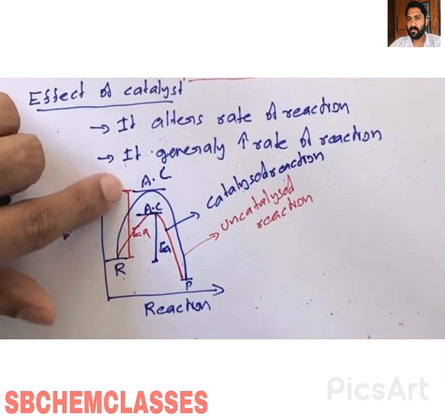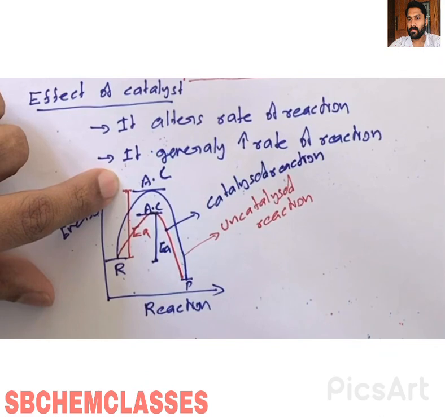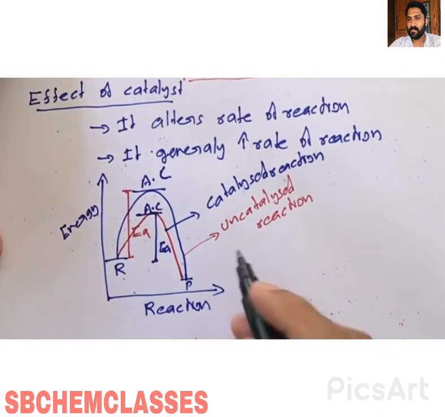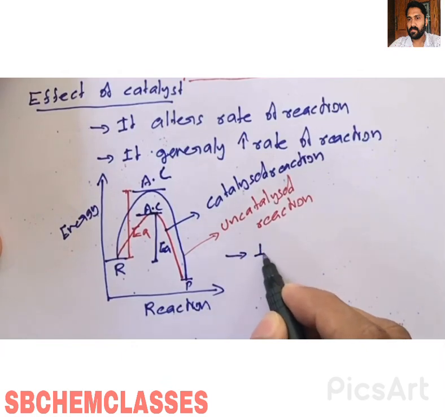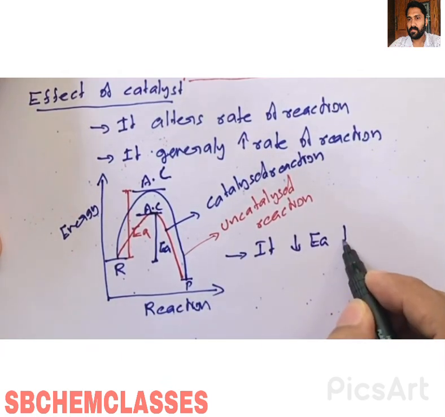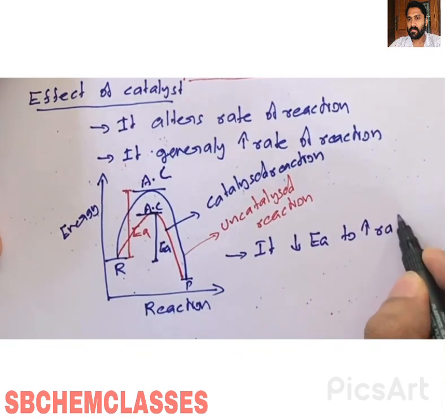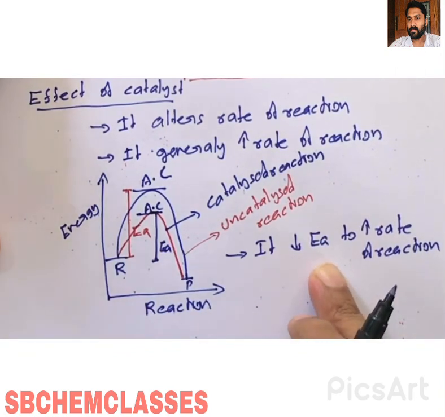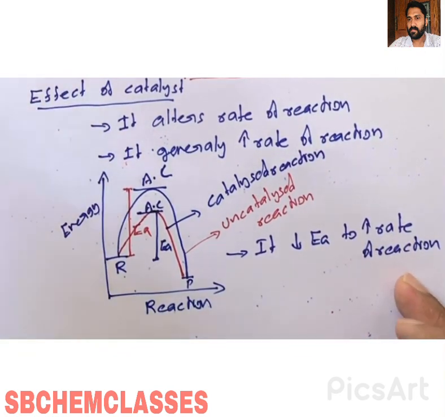Uncatalyzed reaction have higher activation energy. Catalyzed reaction have lower activation energy. So catalyst decrease activation energy to increase rate of reaction.